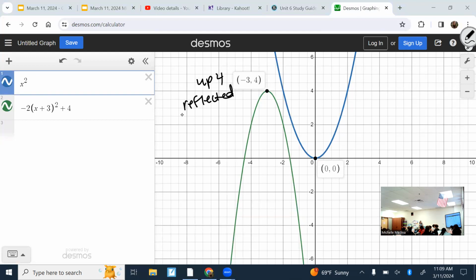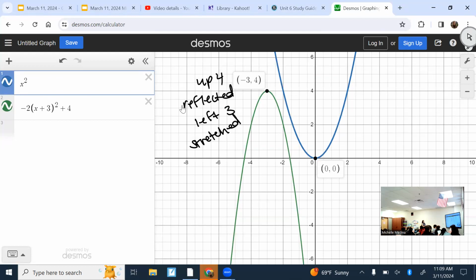Table 1, can you tell me another way it changed? Left 3. Table 2, are there any other changes? It's stretched, and how do you know it's stretched? Tell me visually, you can tell me the equation. So the negative actually is what makes it reflect.